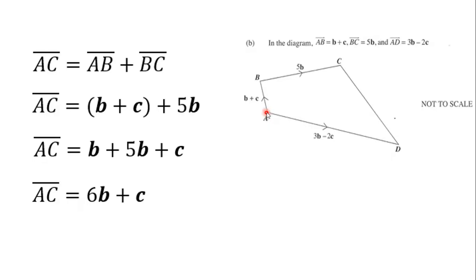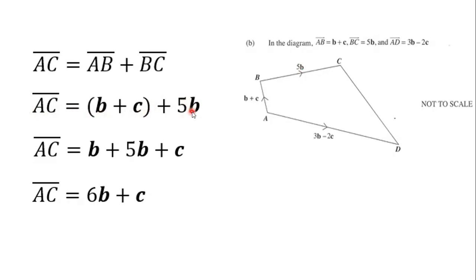We can go from A to B, and that's why we have AB here, and then from B to C, and that's why we have BC here. So AC is equal to AB plus BC. AB is B plus C, and BC is 5B. So AC equals B plus C plus 5B.